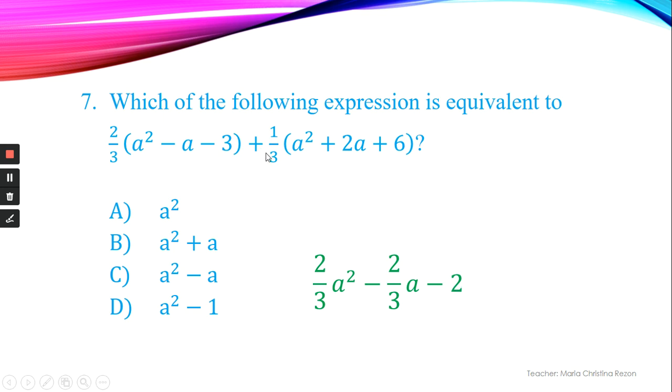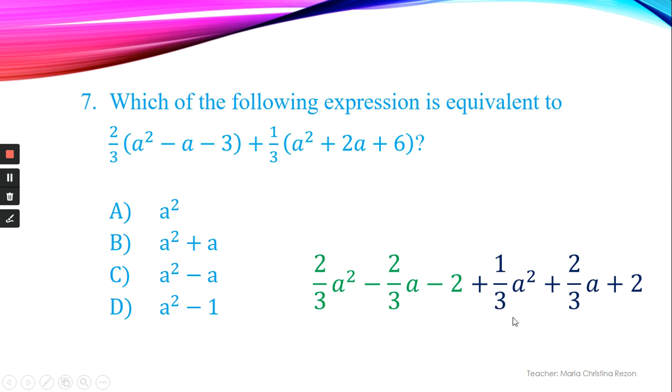And then this one, you distribute that. So 1/3 times a squared gives you 1/3 a squared. And then 1/3 times 2a, you will have 2 over 3a, plus 1/3 of 6 gives you 2.